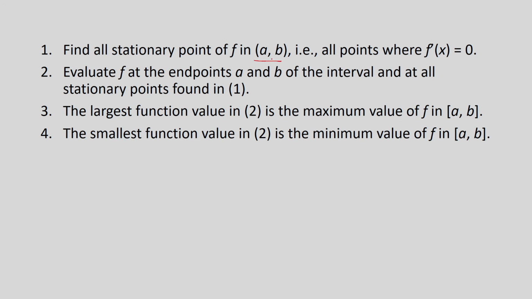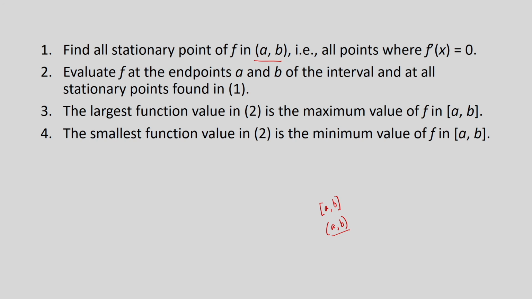Notice this is the interior, right. This is not the entire interval, because the interval over which the function is defined is a to b, but here we are taking the open set. So, we are talking about the interior, and we are finding out which are the stationary points of f over this open interval, that is all the points where f dash of x is equal to 0.